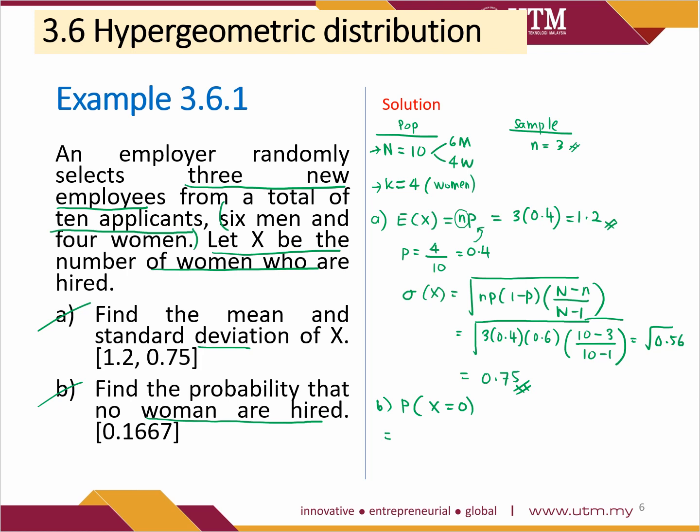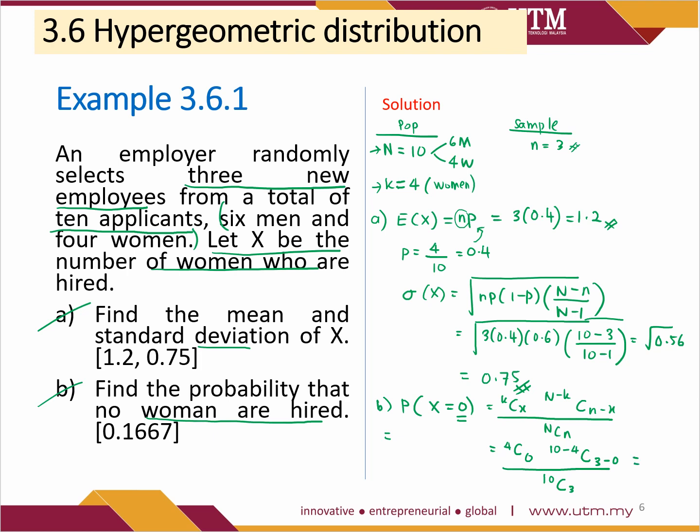The formula is given as KCX times (N minus K)C(n minus X) over NCn. For our case, K would be 4, C, X is taken from here, 0, N is 10 minus 4, C, 3 minus 0, over 10 C 3.